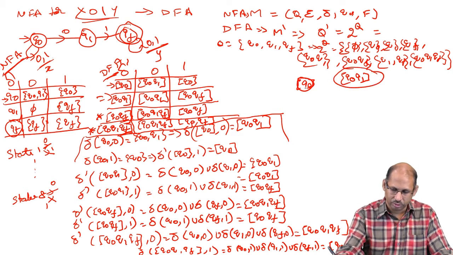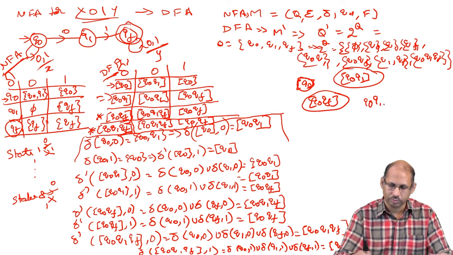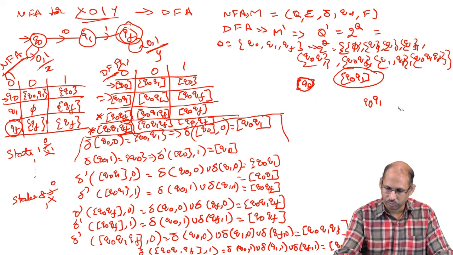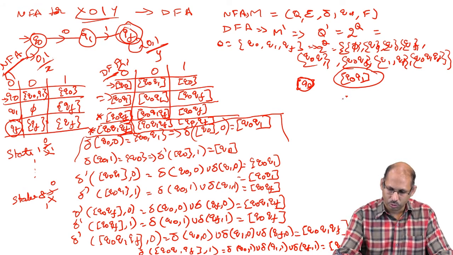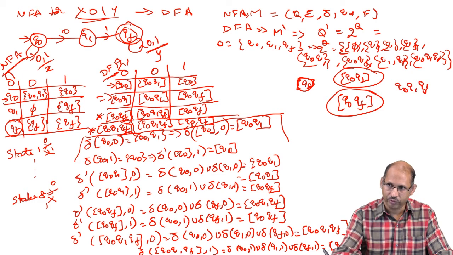Then Q naught, QF, then Q naught, Q1, QF, right?